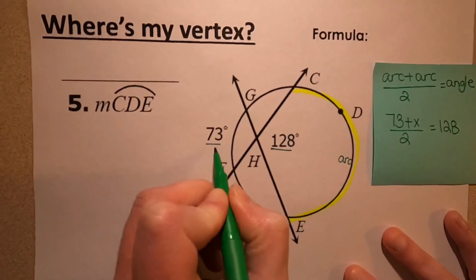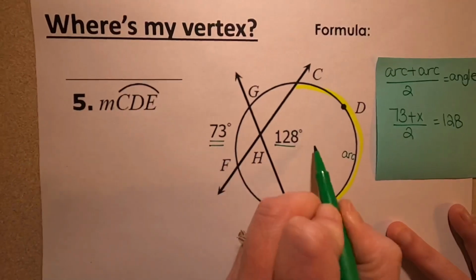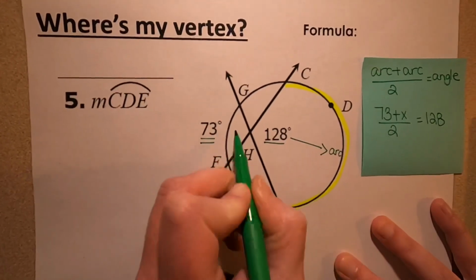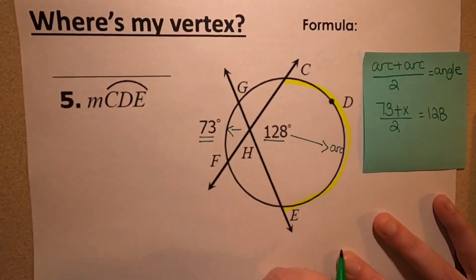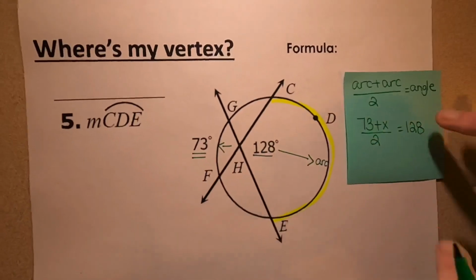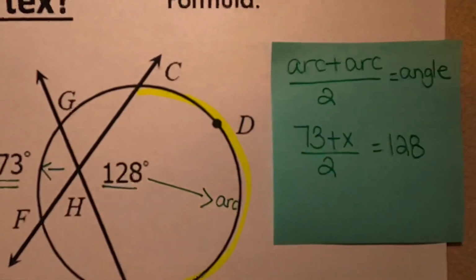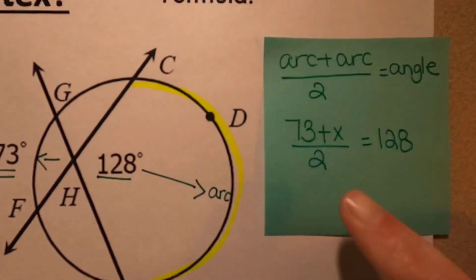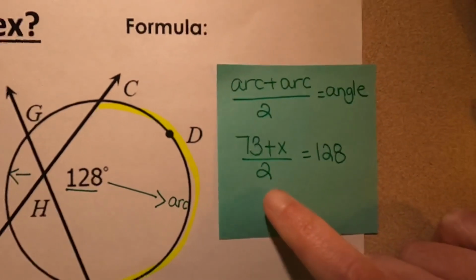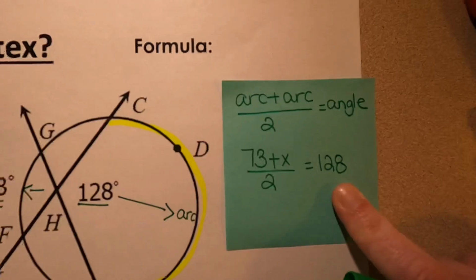And here's the other arc. So essentially, our formula that we've been doing is arc plus arc divided by 2 equals the angle. So 73 plus we're not so sure divided by 2 equals 128.